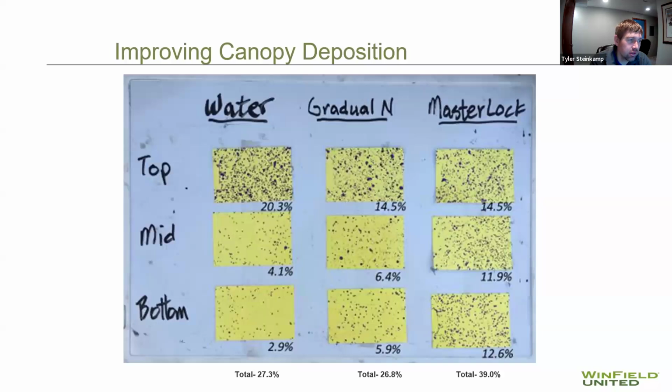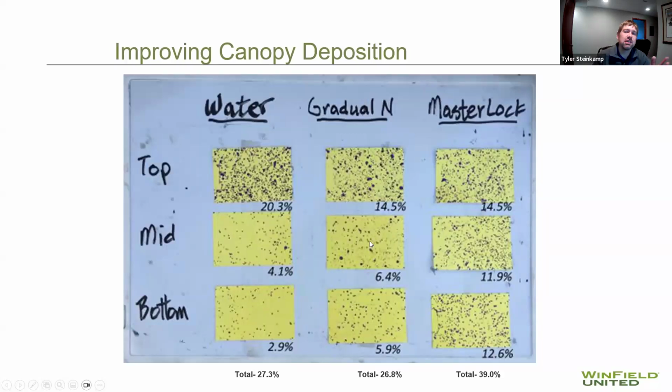This is a cool demonstration. I believe Darren Roberts, one of my former counterparts, did this a couple years back, looking at Gradual N, and this is the 25B version, compared to water compared to Master Lock. And one thing you'll notice is that we did, in fact, get better canopy penetration with Gradual N. 100% accurate.